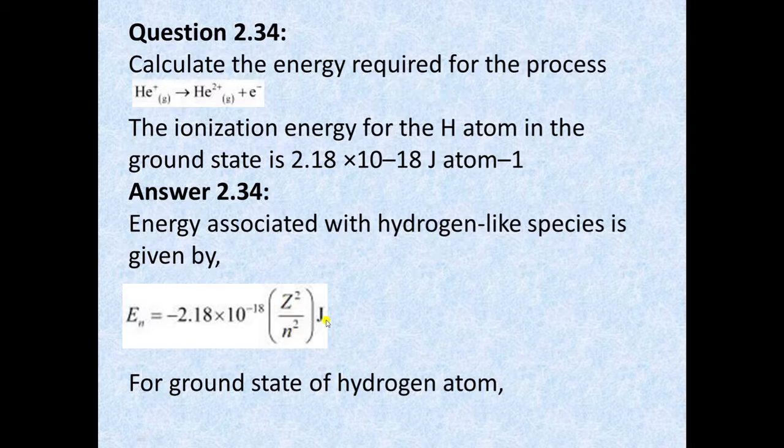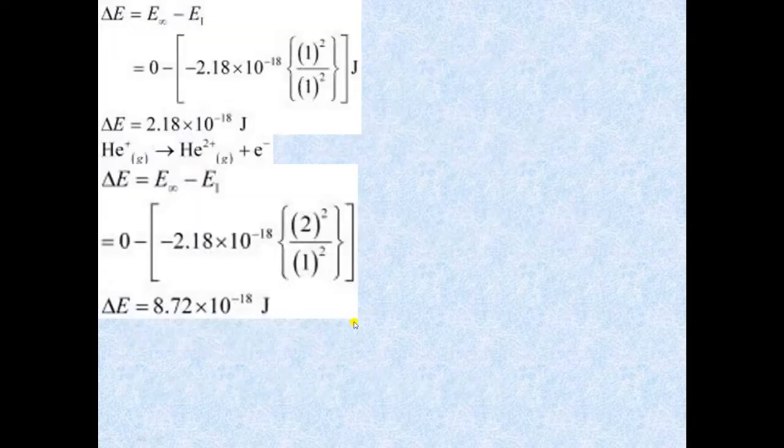Okay, so for hydrogen-like species we will use this formula, and for the ground state of hydrogen atom, here we will find out the energy difference. When we remove one electron, then it will go to infinity. So here energy at infinite orbit minus energy of the first orbit.